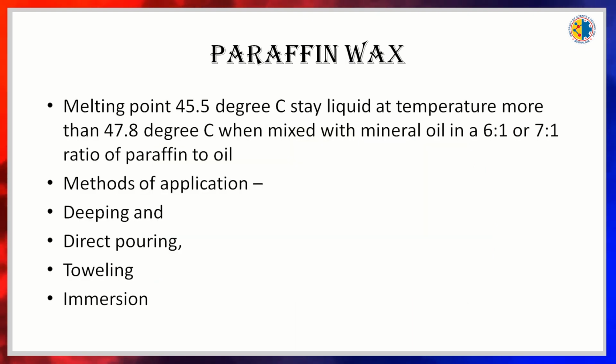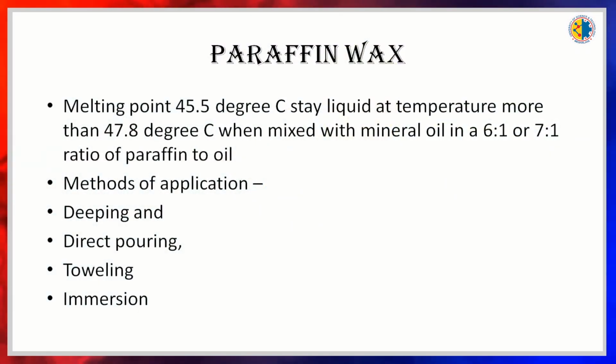Let's come to paraffin wax. This is also a type of superficial heating modality, where wax is melted. It has a melting point of 45 to 45.5 degrees Celsius, stays liquid at a temperature of more than 47.8 degrees Celsius, and is mixed with mineral oil in a 6:1 or 7:1 ratio of paraffin to oil.